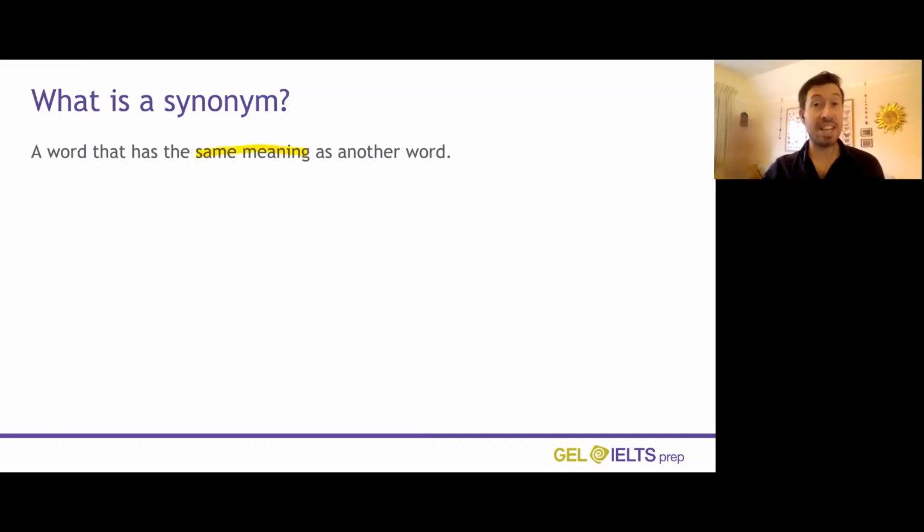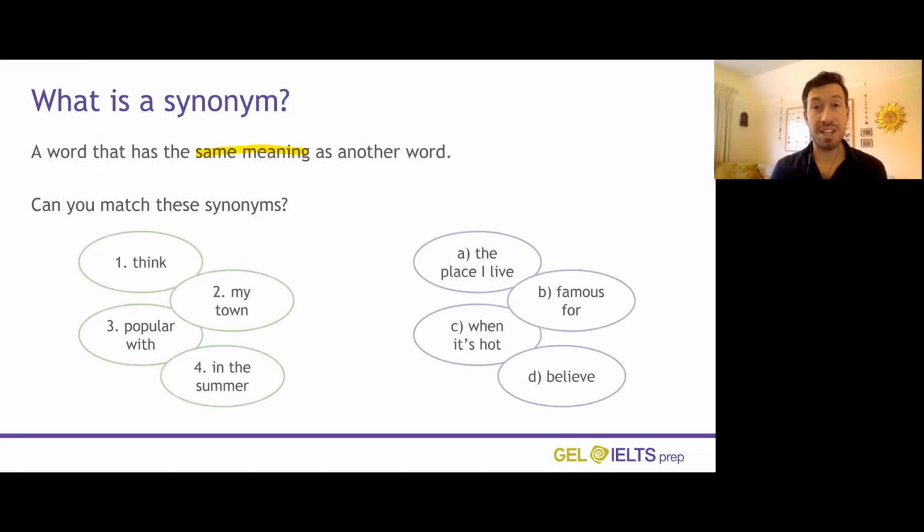For example, fantastic and amazing. They both mean very good, so they are synonyms. Now, what I'd like you to do is to match up these synonyms on the left with the ones on the right. If you look at the question below the video and try to do that, I'll give you 10 to 15 seconds.